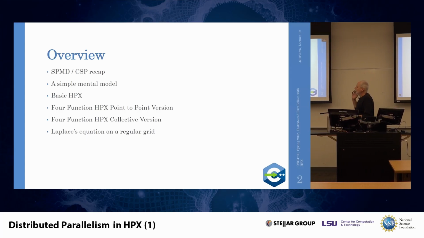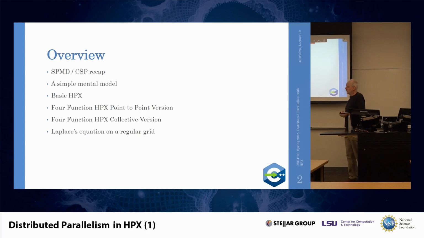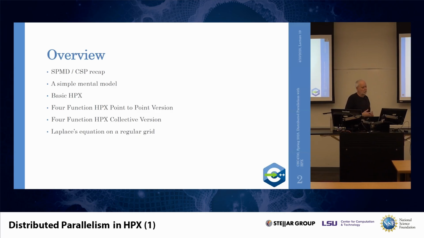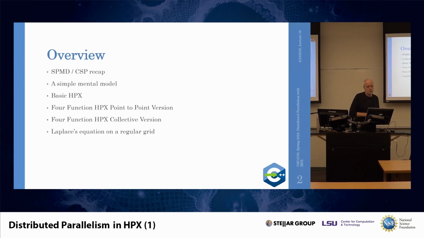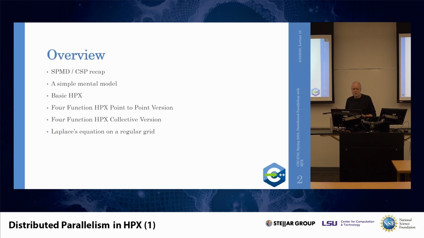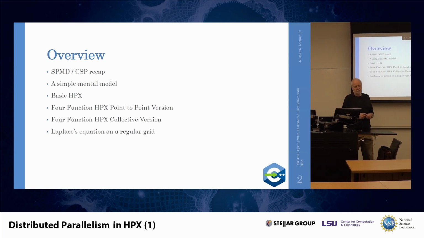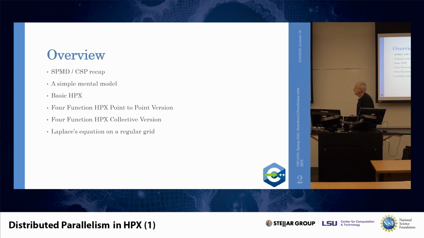And most likely next time I will start looking into a real Laplacian code, the Laplacian equation solution. We already touched on that a bit from the theoretical side, but this time I really want to distribute that across the machine and create some stencil code that works in distributed.